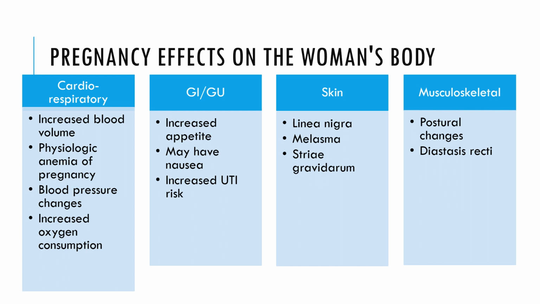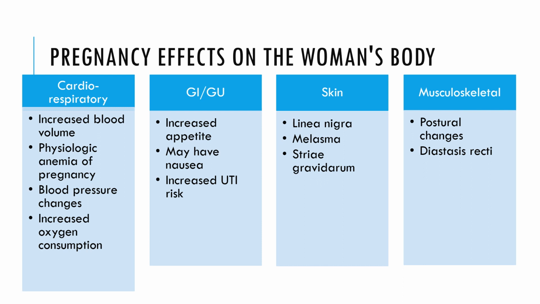Now, with respects to the woman's integumentary system, there are a couple of things. So she may experience these hyperpigmented areas. Melasma is a term that is called the mask of pregnancy, and it's usually areas of pigmentation around the forehead, the cheeks, or the bridge of the nose.